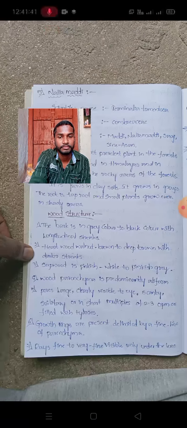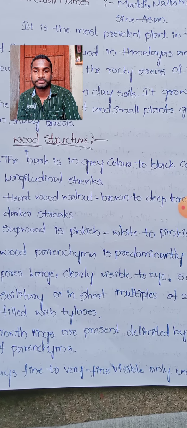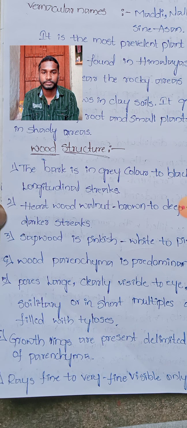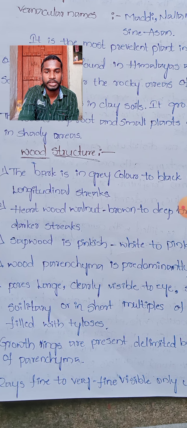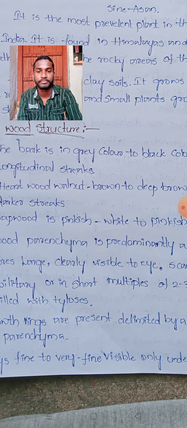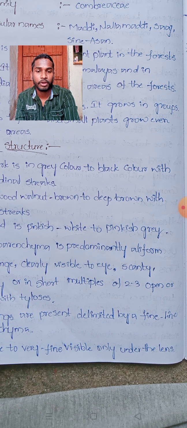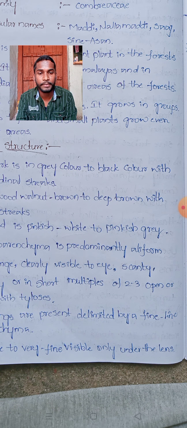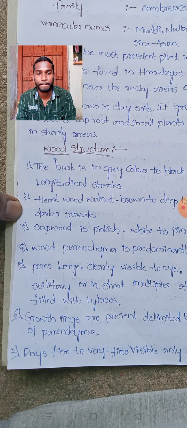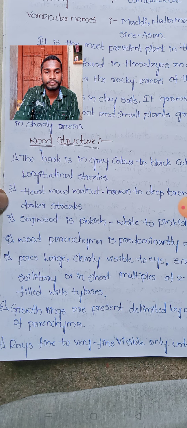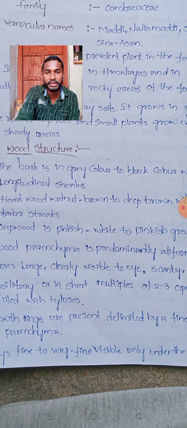The bark is gray to black color with longitudinal streaks. Heartwood is walnut brown to deep brown with darker streaks. Sapwood is pinkish white to pinkish gray.